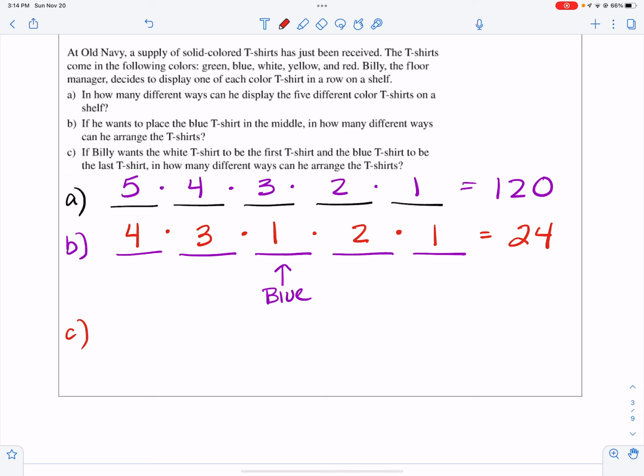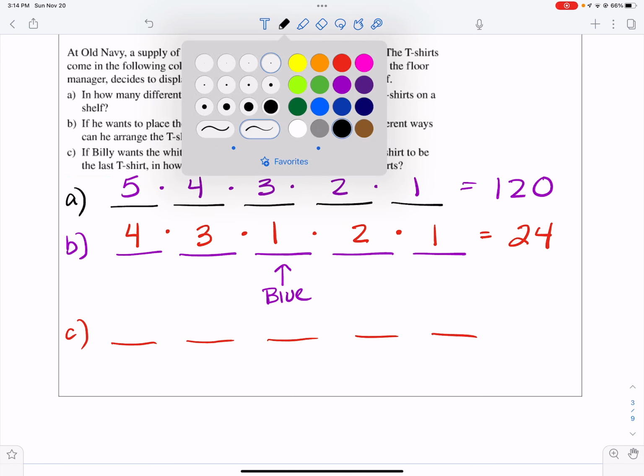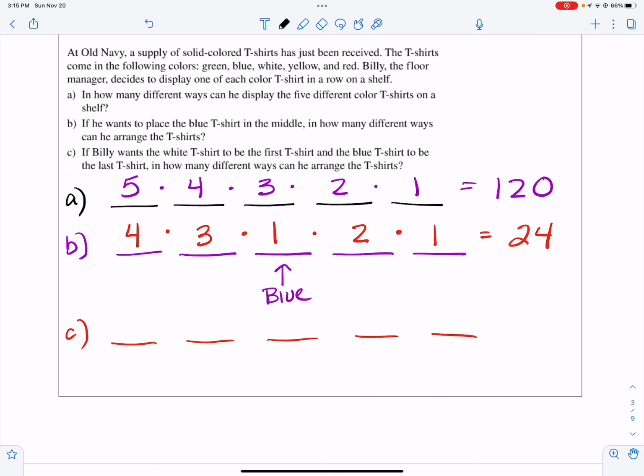And then the last one, we've got our 5 colors. And it says this one, we want the first shirt on the table to be white. And we want the last shirt on the table to be blue.